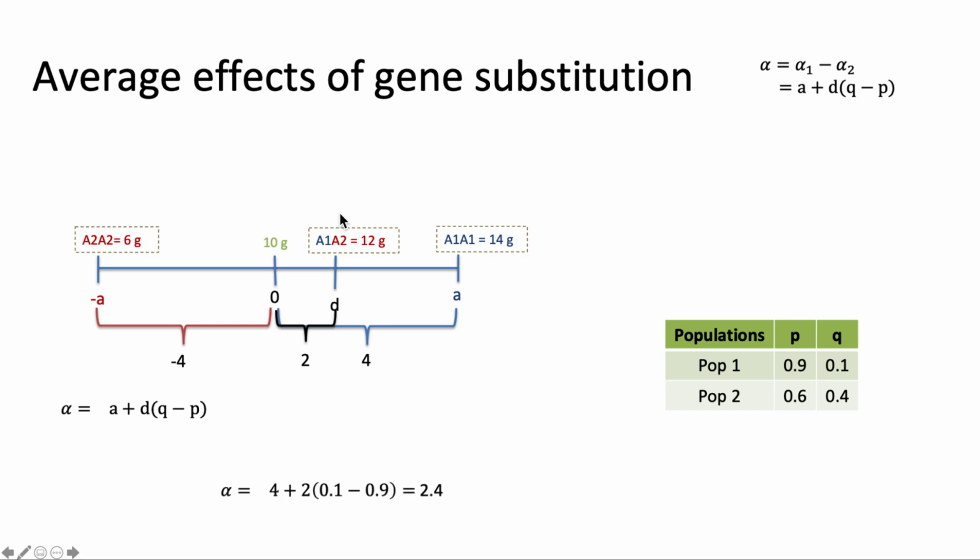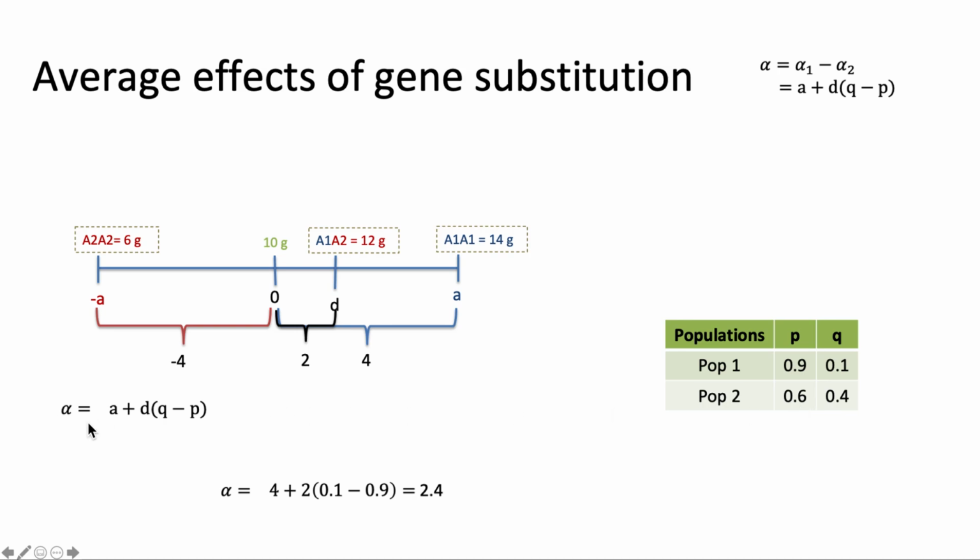Now just suppose that we have two different populations. Population 1 has allele frequencies of 0.9 and 0.1, and population 2 has allele frequencies of 0.6 and 0.4.